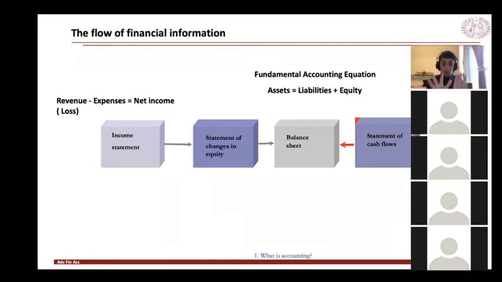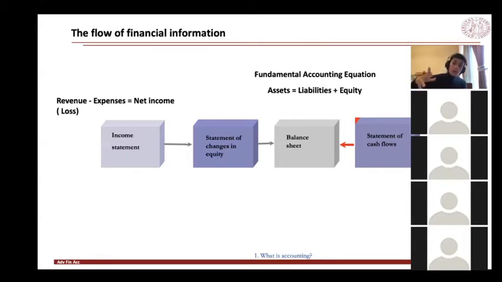What I want to show you here is how, starting from the income statement, the bottom line of the income statement is needed in order to complete the statement of changes in equity. The bottom line of the statement of changes in equity, which is the end of the year shareholders' equity, will flow into the balance sheet under the shareholders' equity section.